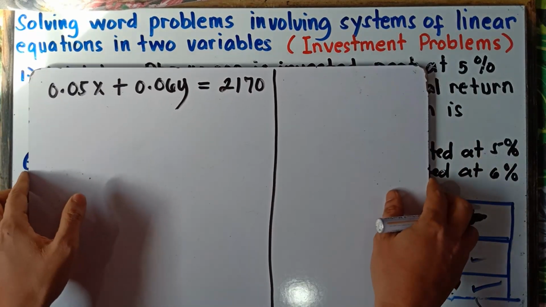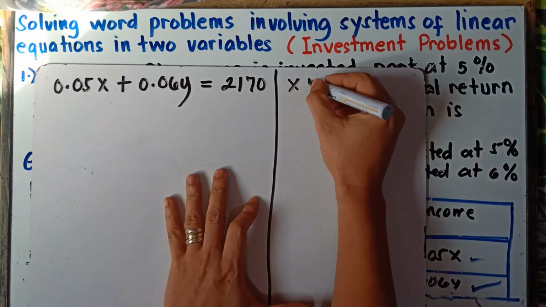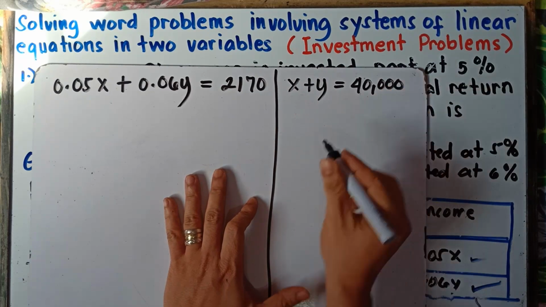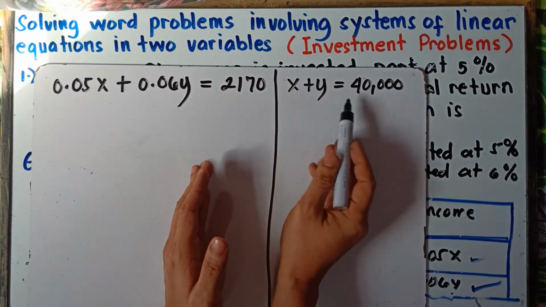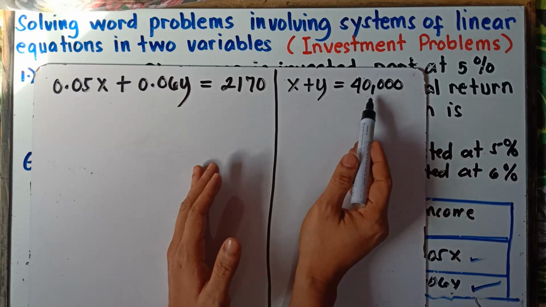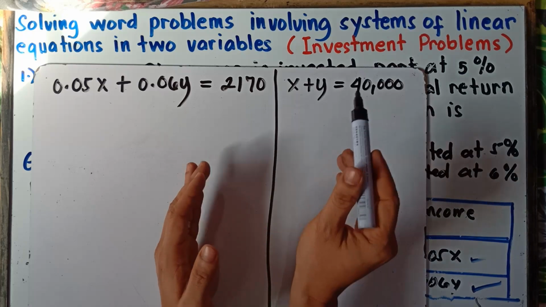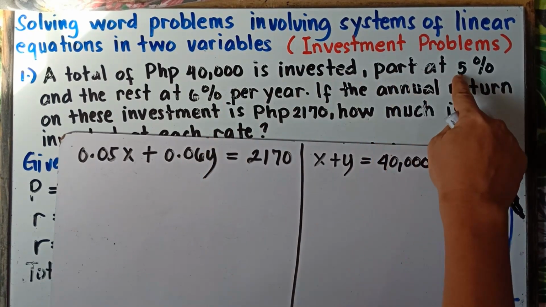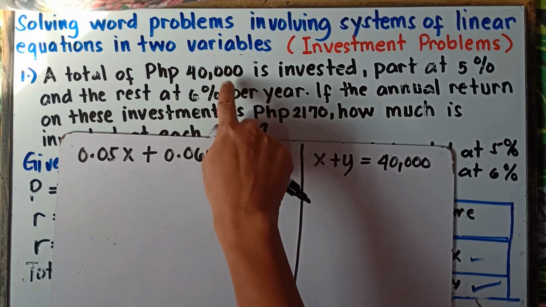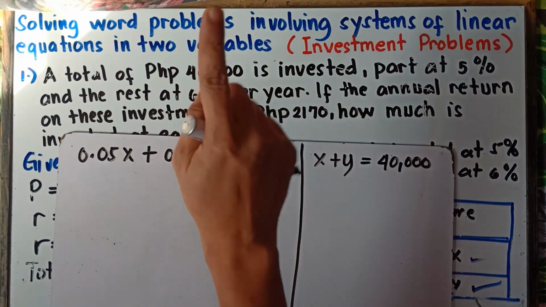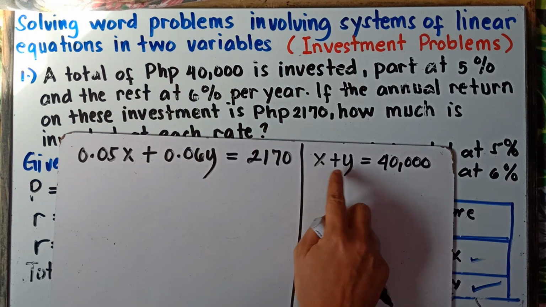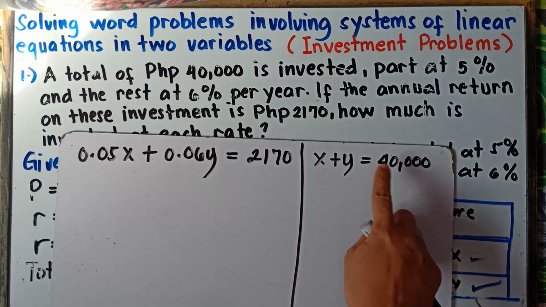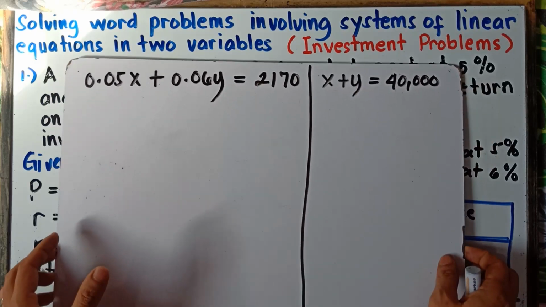So therefore, we can also say that x plus y is equal to 40,000.